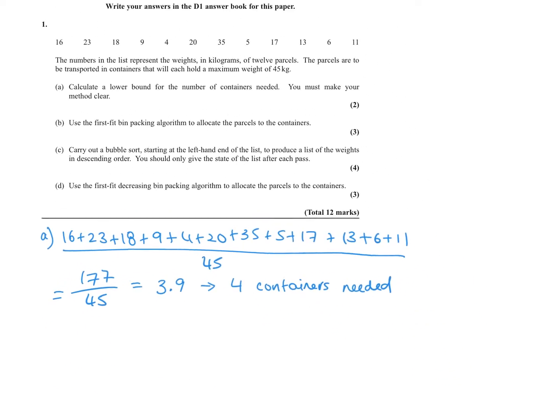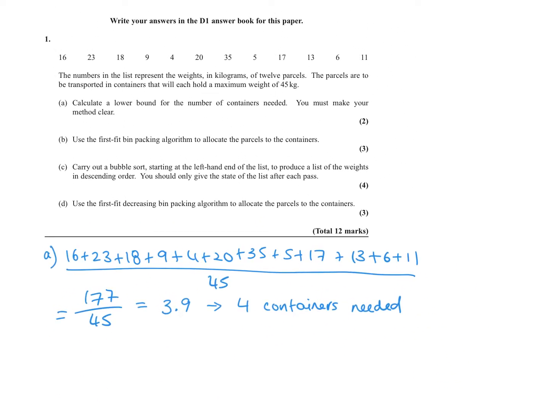It then says use first fit bin packing algorithm to allocate the parcels. Okay, so we know from the previous question that 45 is our limit. So if we think about bins A, B, C, D, we know there's 45 in each. Now I'm not suggesting you write this.